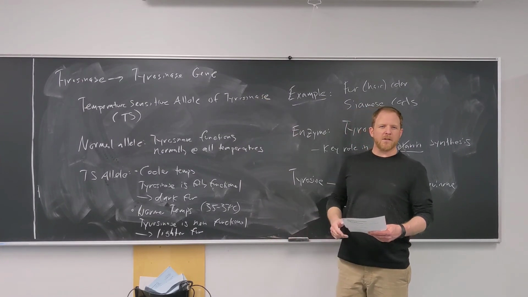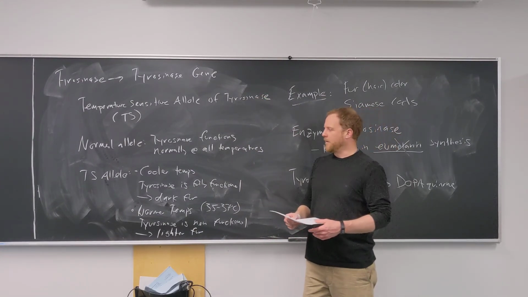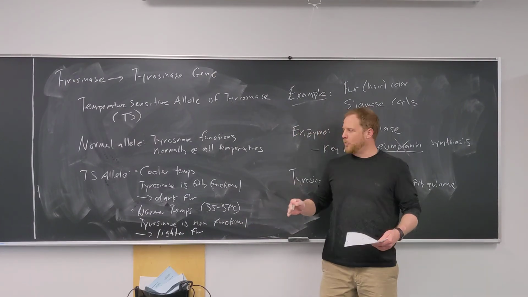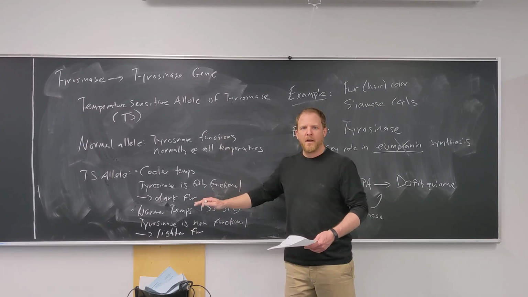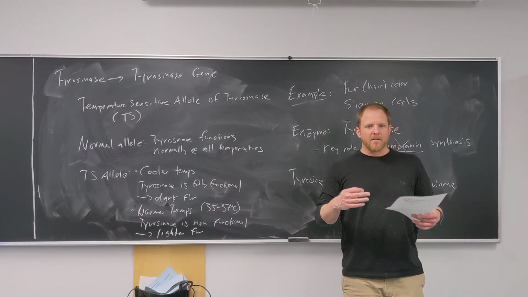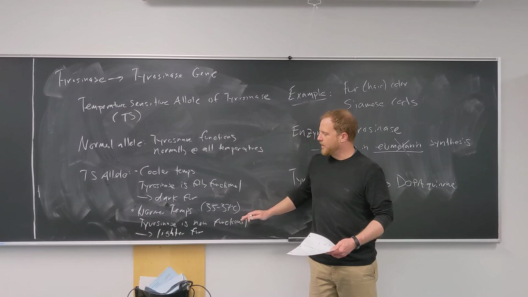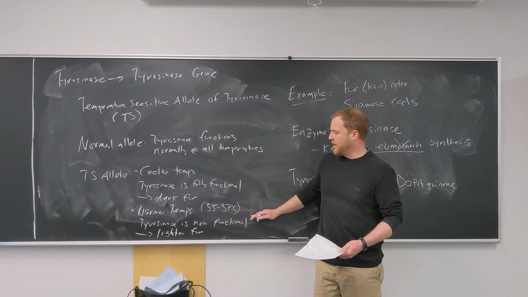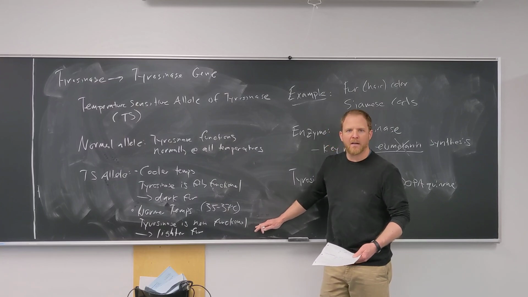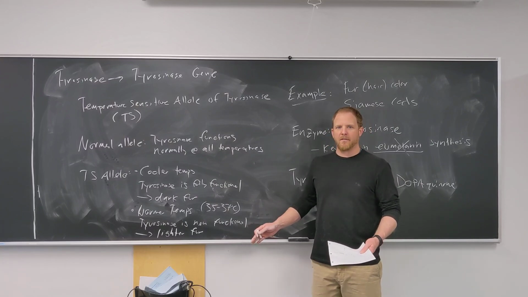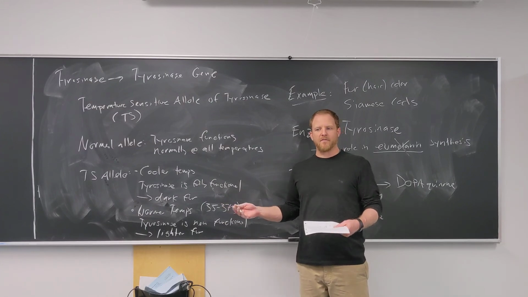Are the regions of the Siamese cat that are dark the regions you expect to be a little bit cooler, because that would be where tyrosinase is fully active and produces dark fur? And where there's lighter fur, are those parts of the cat where you'd expect warmer temperatures, so you inactivate tyrosinase and produce lighter fur? Look that up on your own and see if that follows.